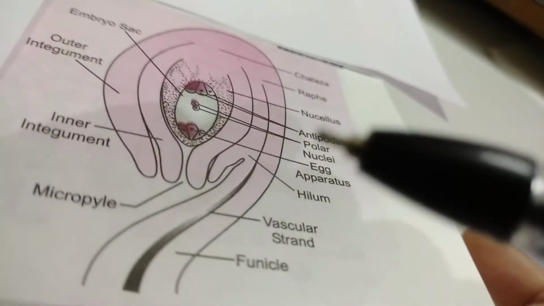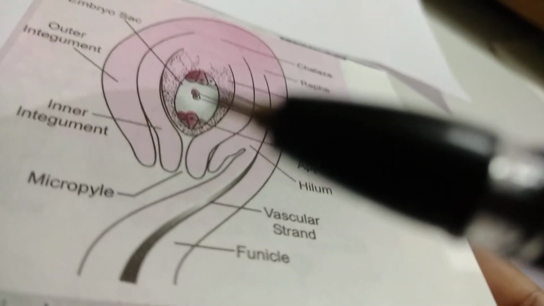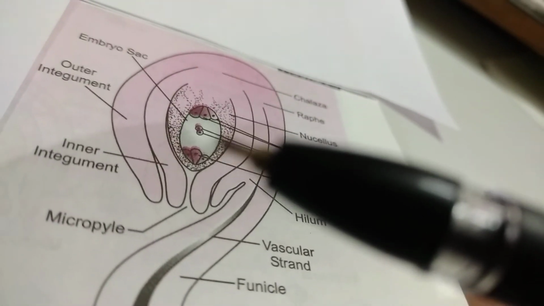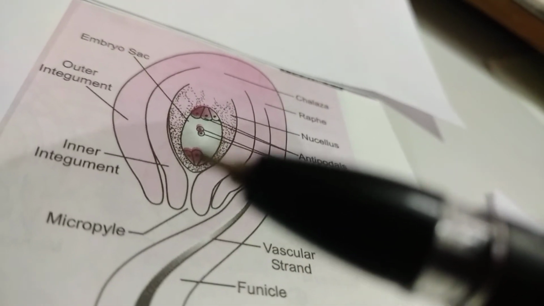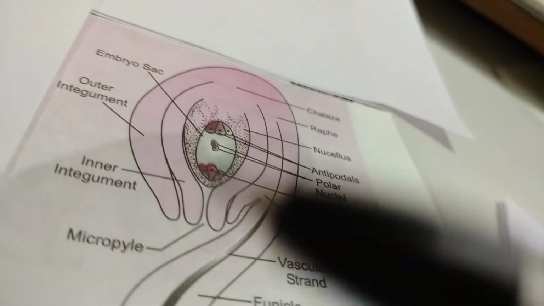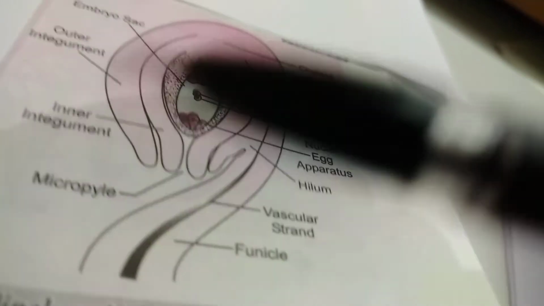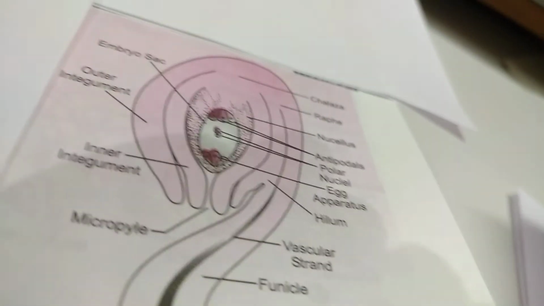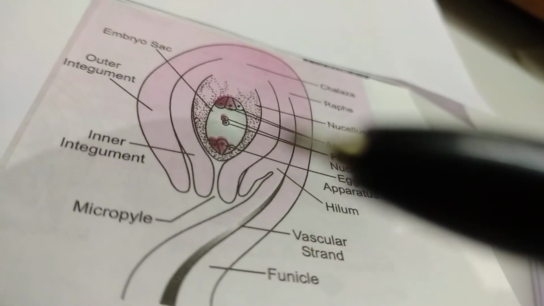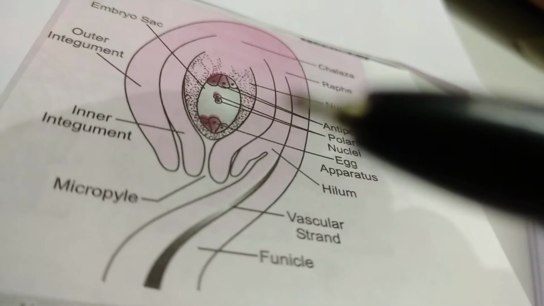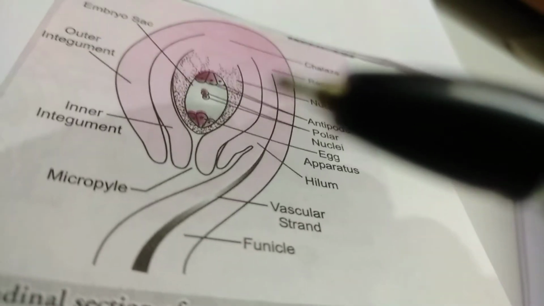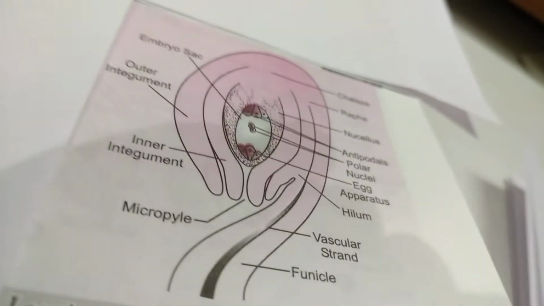Then you can see the female gametophyte, or embryo sac, and this embryo sac encloses the egg apparatus, which contains the egg cell. So these are the parts of the ovules, and this is an anatropous ovule because this is an inverted one.